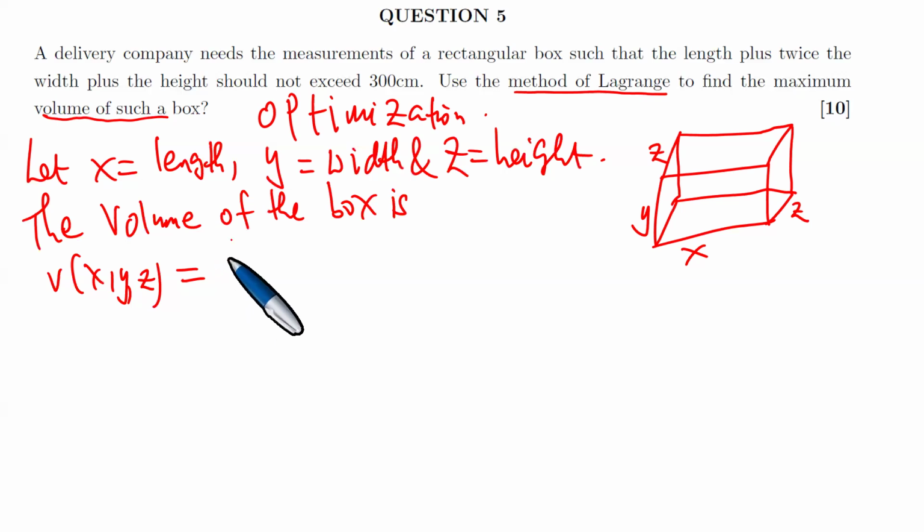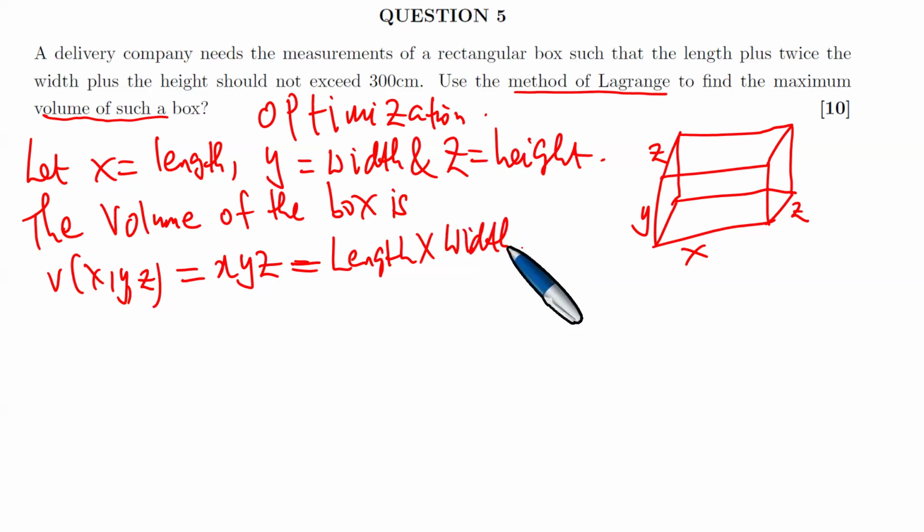So it is length by breadth by height, so it is xyz. Length by width by height. Now there's something called the constraint equation.